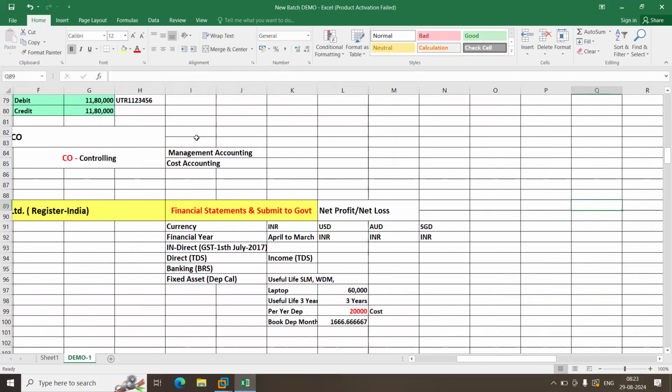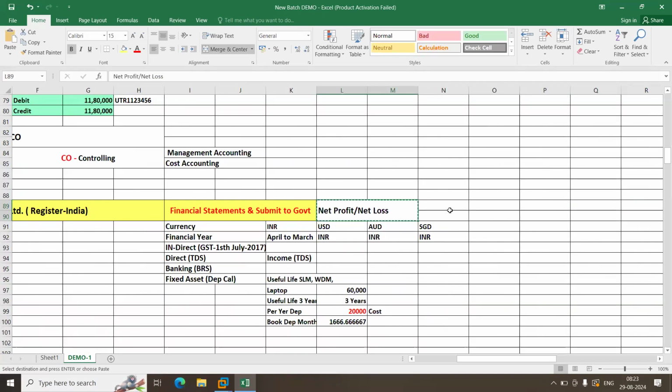Then if our company is running with good profitability, what do we need to do? We have to pay the income tax to the government.